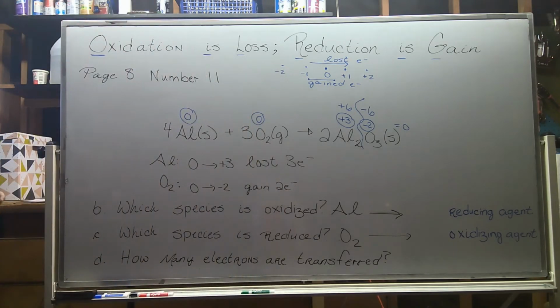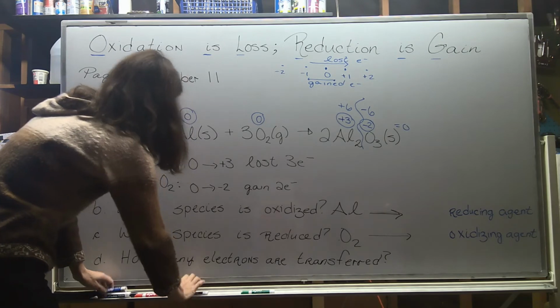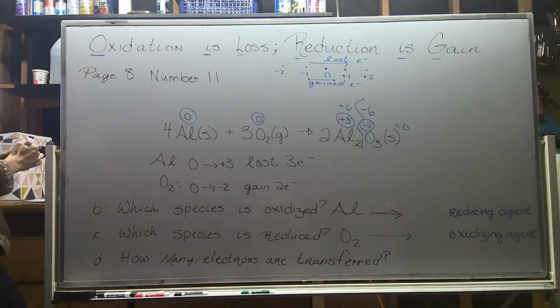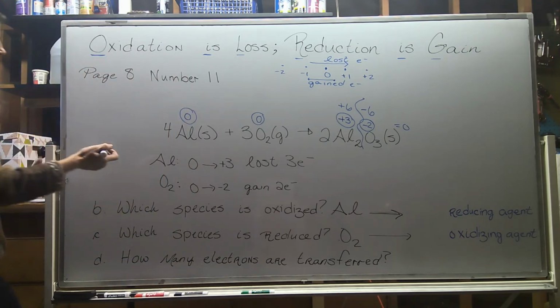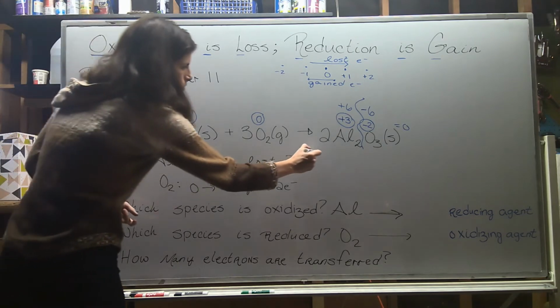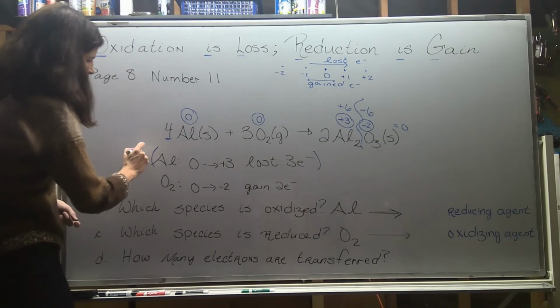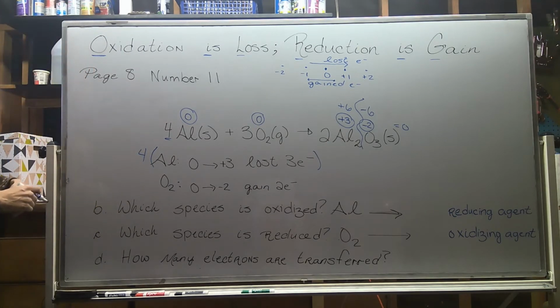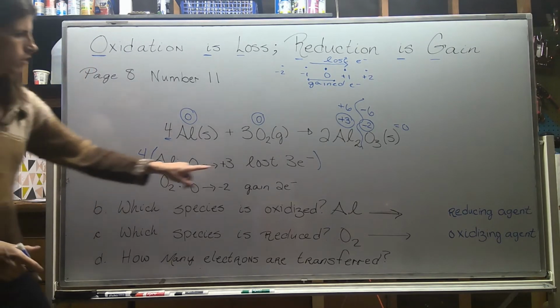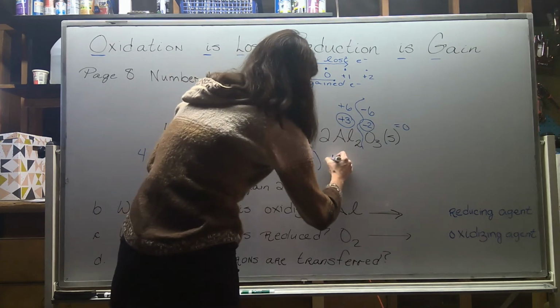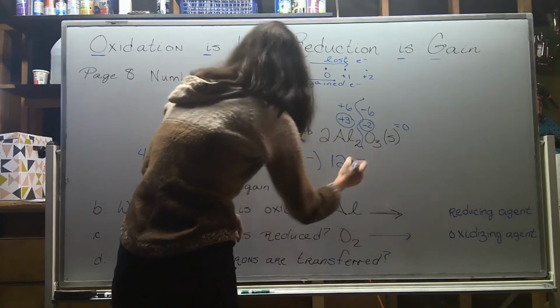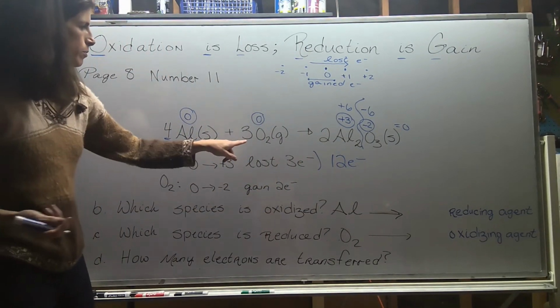How many electrons are transferred? Again, think about it in the same way that you would when you're balancing. How many aluminums do I have on the reactant side? Well, I have a coefficient of 4, so I'm going to put a 4 here. 4 times 3 gives me 12 electrons. Oxygen is a little bit trickier.